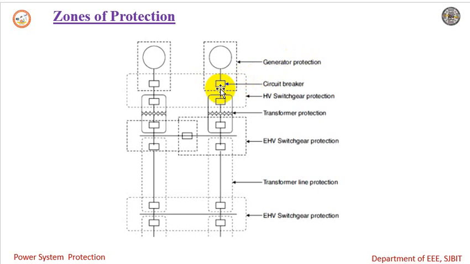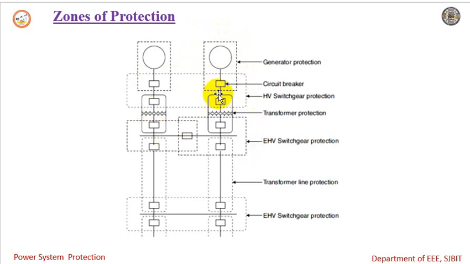Then the protection system may not work effectively. In order to avoid that, all the zones are overlapped with each other. So if the primary zone fails to operate, the overlapped zone will come into the picture and protect the equipments in the power system.